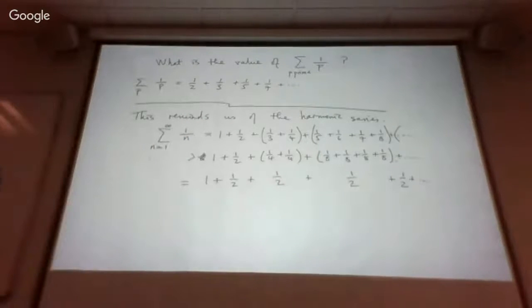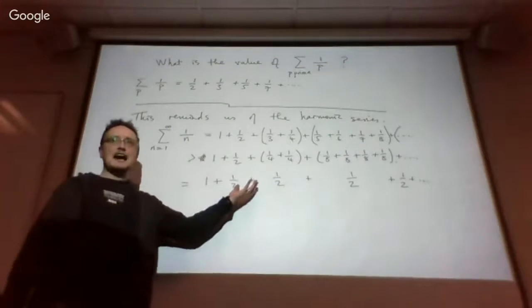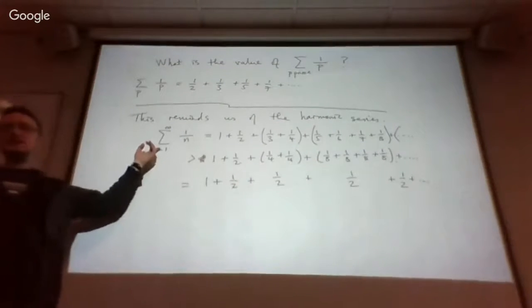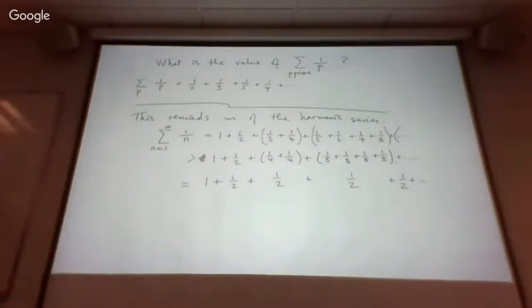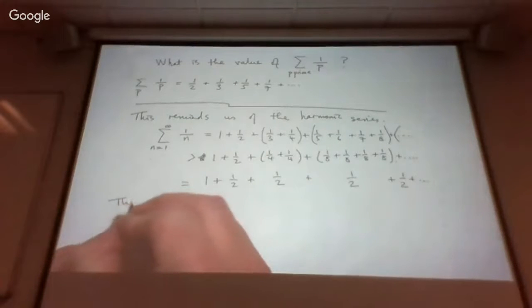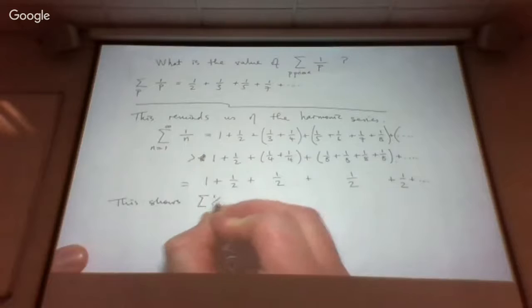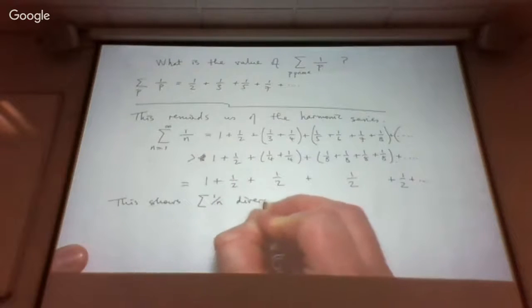So you need more and more terms, but it's an infinite series. There's an unlimited number of terms. So if you keep seeing halves being generated, that means this has to be divergent. If you keep generating halves, you can get to any value whatsoever. So this shows that the sum of 1 over n diverges.